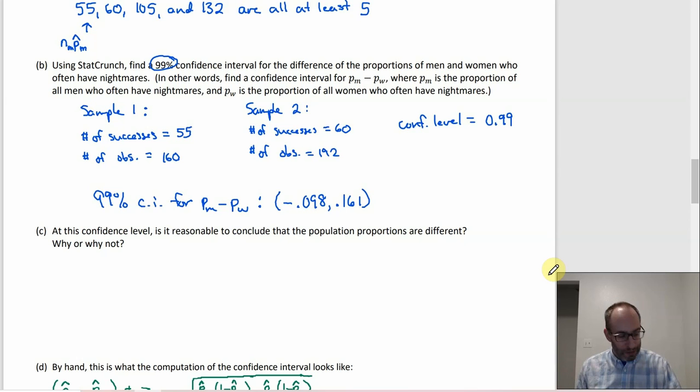And it's going to be a plausible value if it's in the interval, right? So we can say here it's no, because 0 is certainly in that interval, right? If you have a negative endpoint and a positive endpoint, 0's got to be in between them.